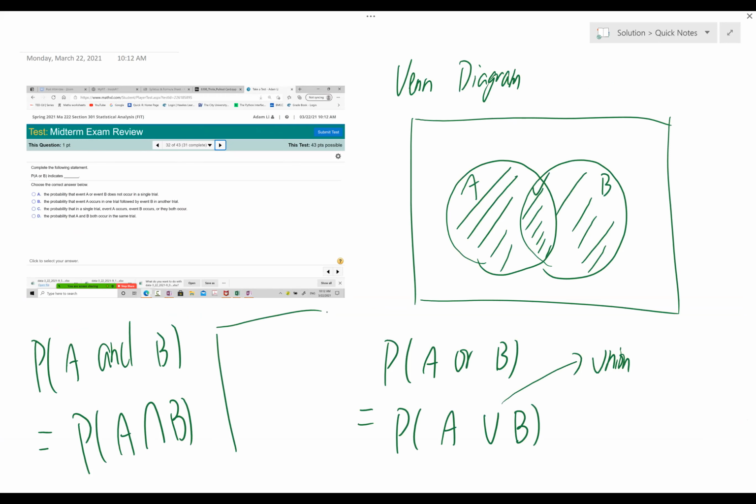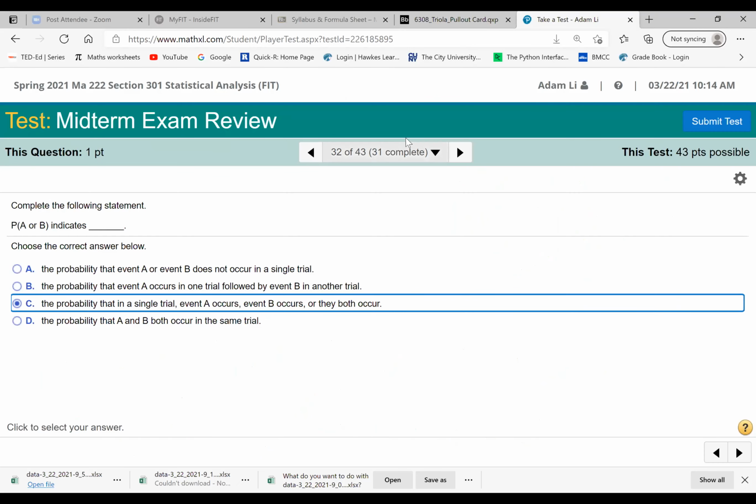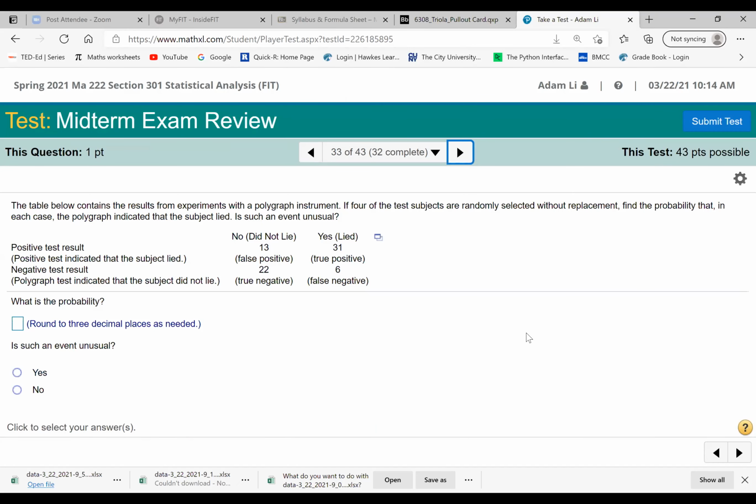So if you draw the Venn diagram, this is A, this is B. This event is basically the intersection section, meaning both event A and event B occur. The difference between and and or, in terms of the language. So this is question 32.